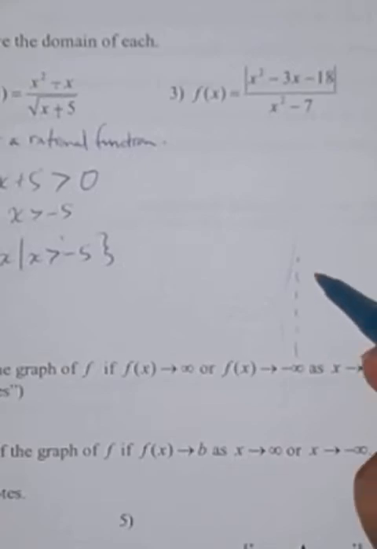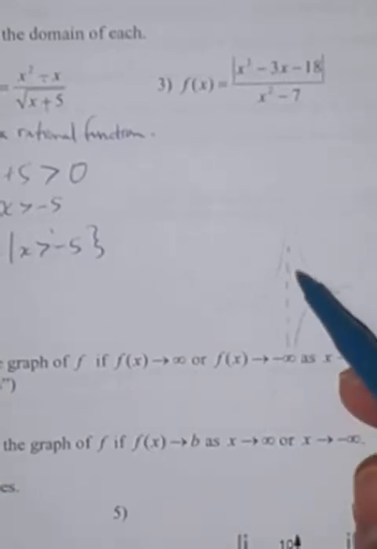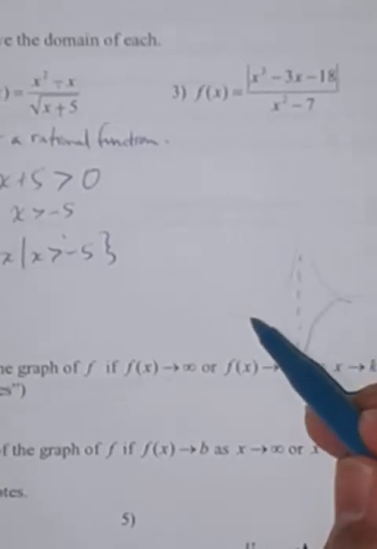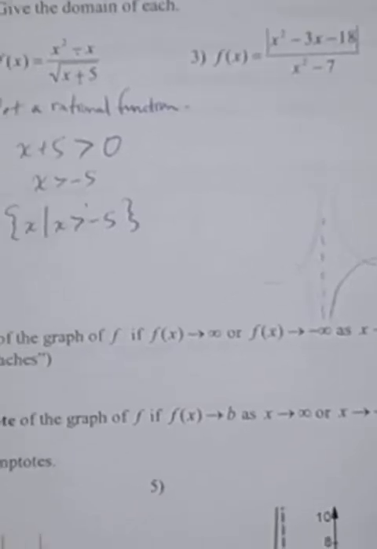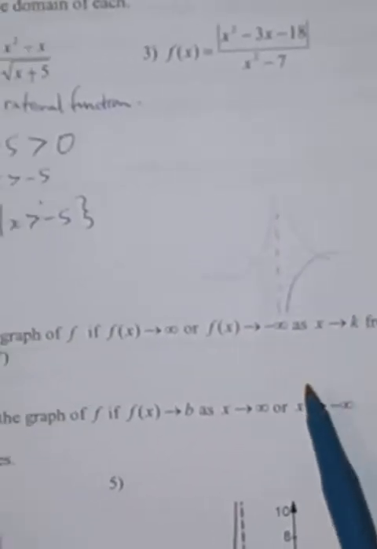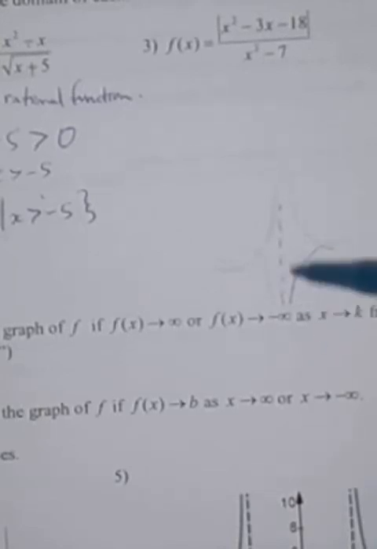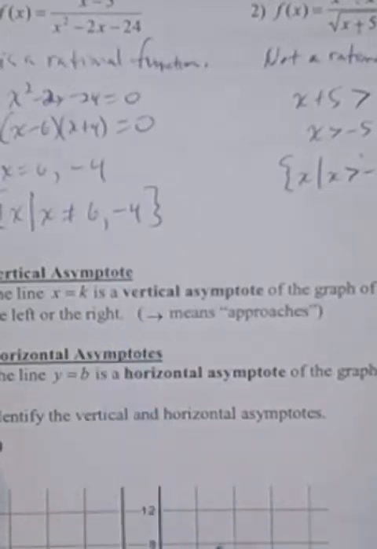Or from the other side, same thing. I look at it as it takes off upward or downward, whichever way. That's the way my graph will look when it gets to that line. The line may be shown or not shown. Sometimes you just see the graph going like that, and you determine what that line looks like. It does have to be vertical.